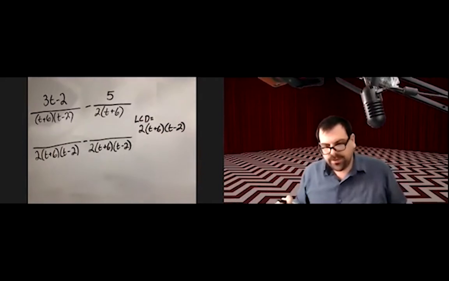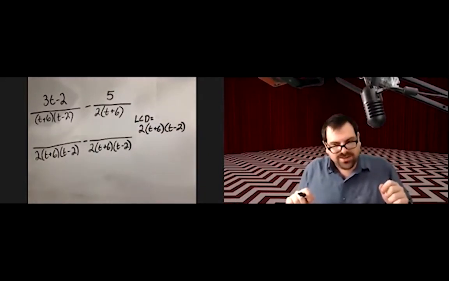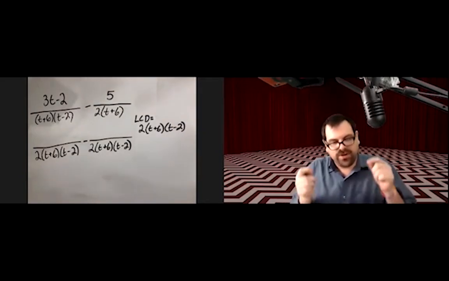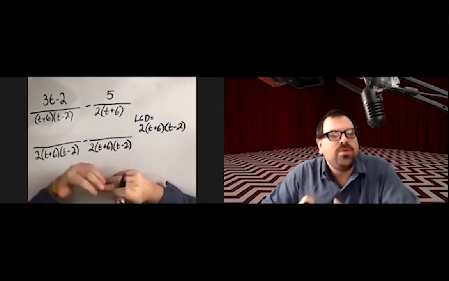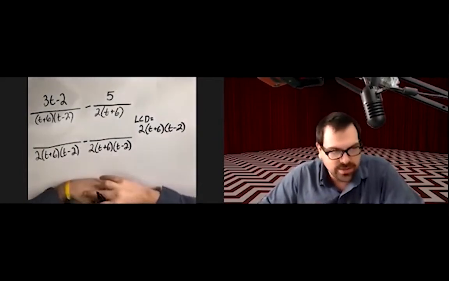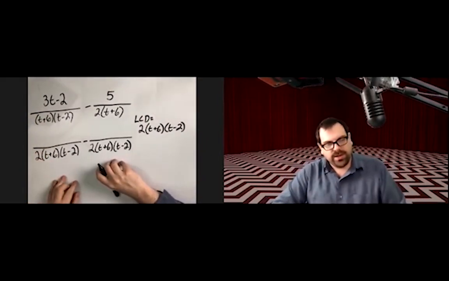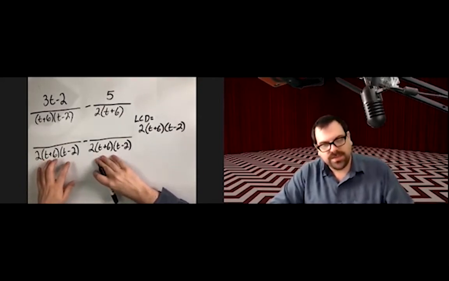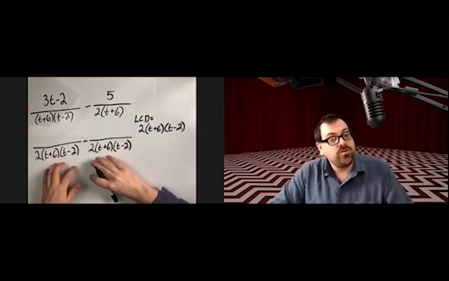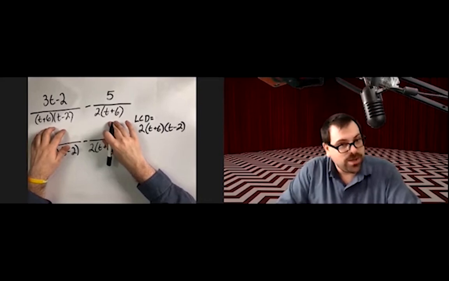Okay. So our strategy here is going to be a little bit different, because again, I want to give you the easiest way to do these. If you set this up like this, you're going to notice that there are some factors on the new bottom that were already in the original bottom.